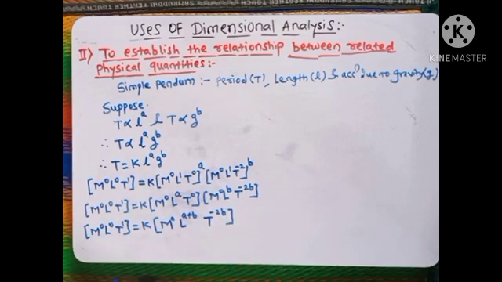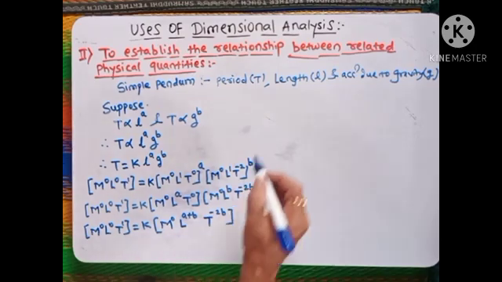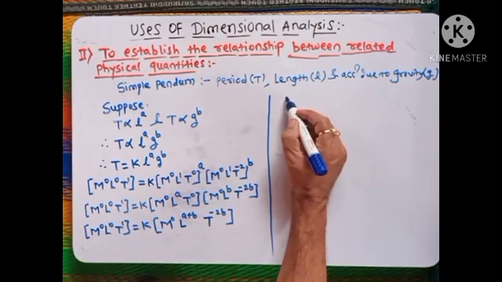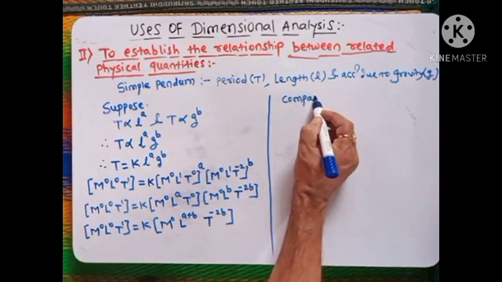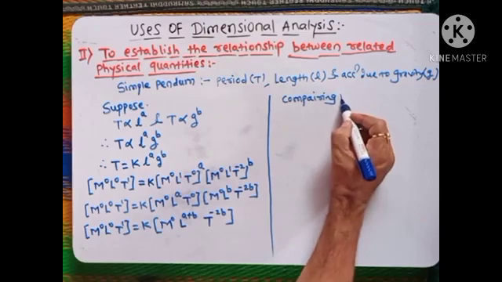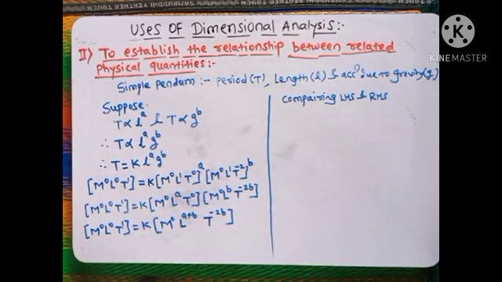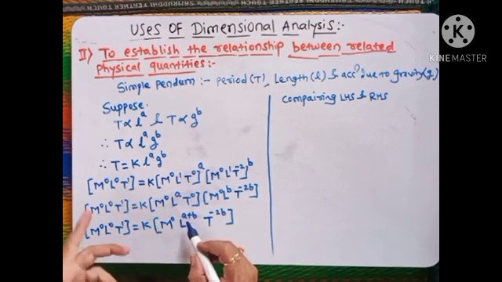That is addition. And if we compare the left hand side and right hand side, LHS and RHS, then we get here: 0 0, no problem.